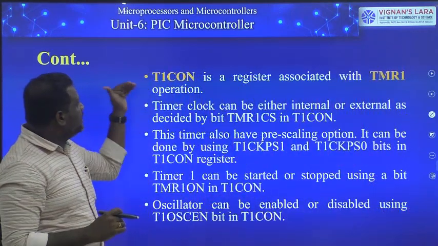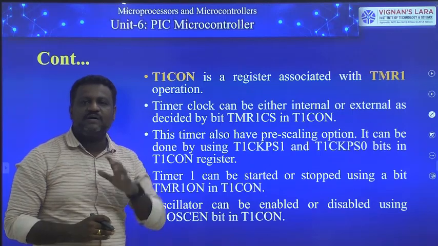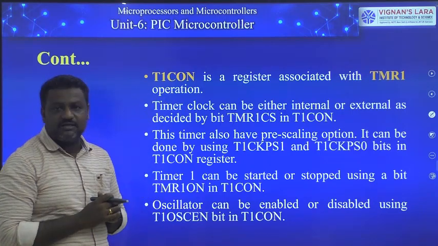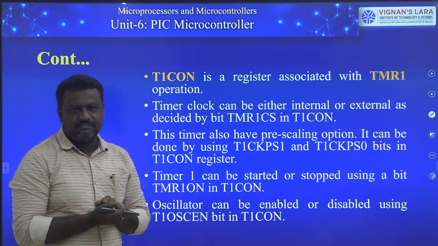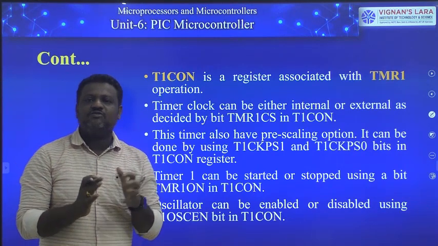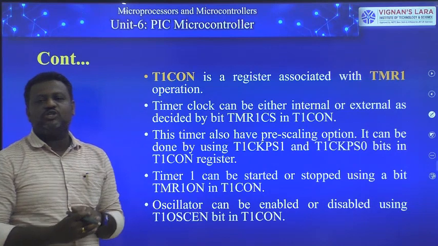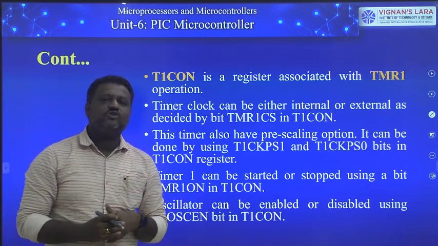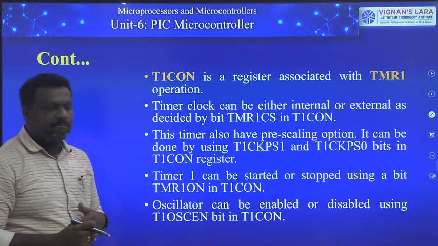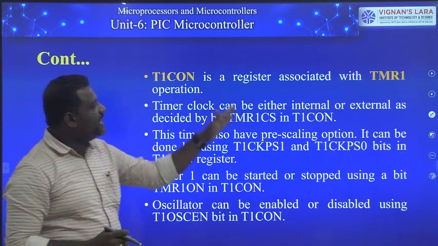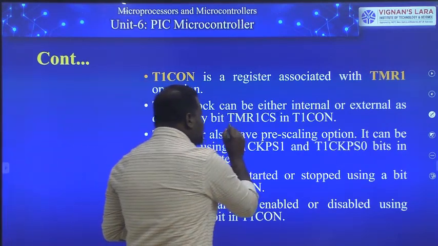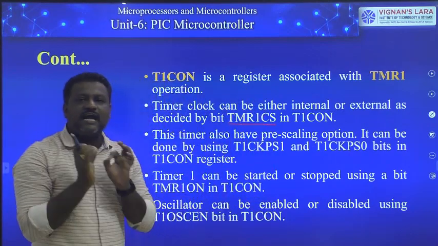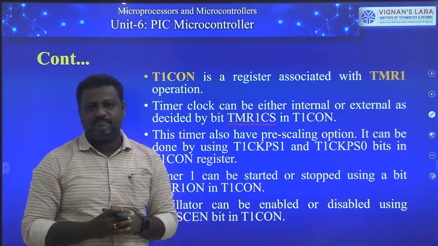So coming to T1CON, that is nothing but the timer 1 control register, a register associated with the timer 1 operation. So we have a control register in association with the timer 1, which is called T1CON. The timer clock can be either internal or external. It is decided by a bit TMR1CS, that means timer 1 clock select.